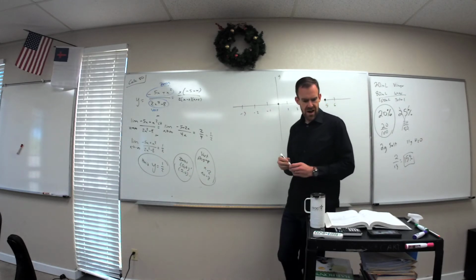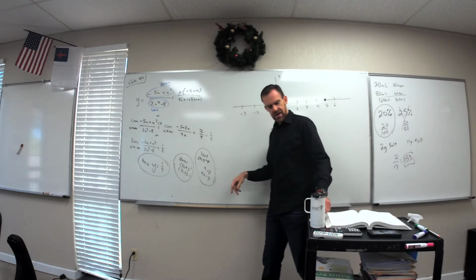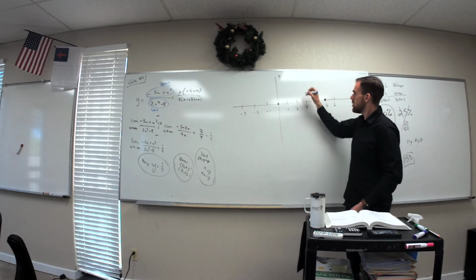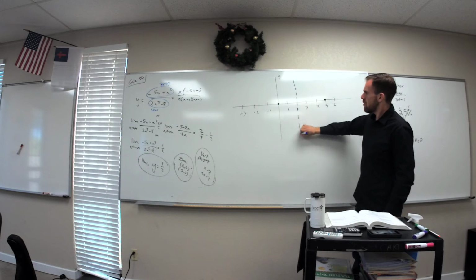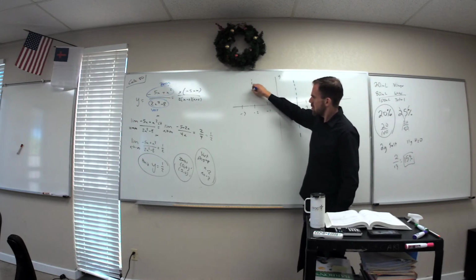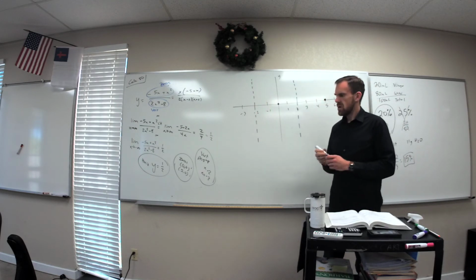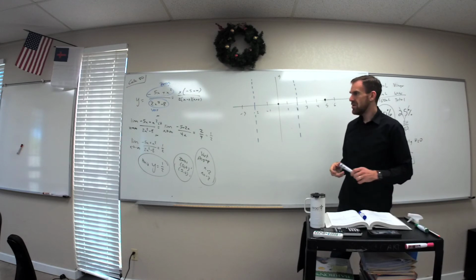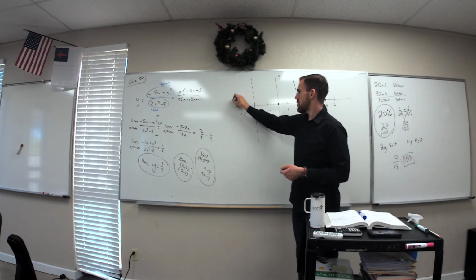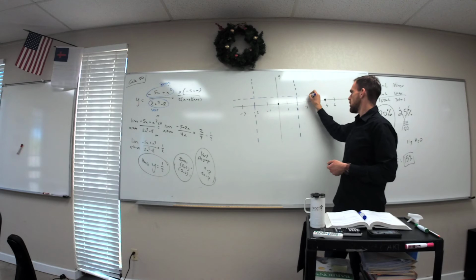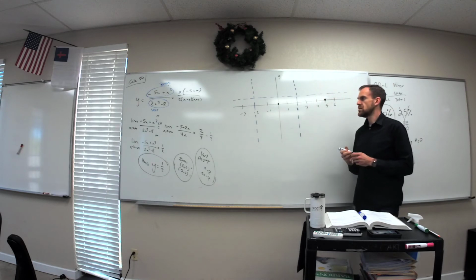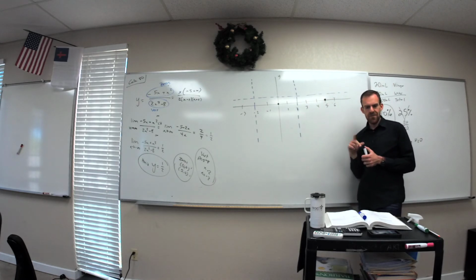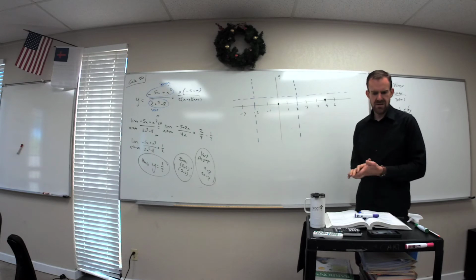Vertical asymptotes at 2 and negative 2. Horizontal asymptote at y equals 1/2. So we are never, ever, ever allowed to cross these lines.